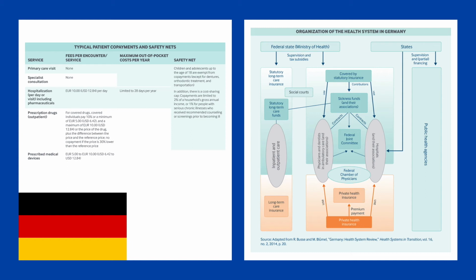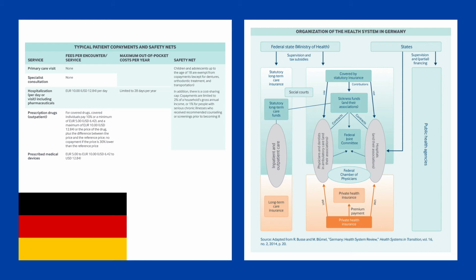Instead, the National Association of SHI Physicians, the National Association of SHI Dentists, the German Hospital Federation, and the National Association of SHI Funds form the Federal Joint Committee, which decides what the statutory health insurance covers.